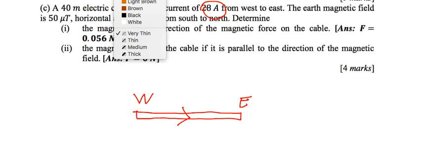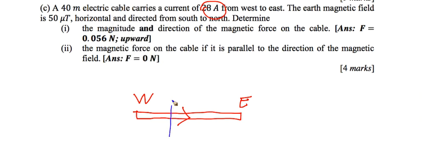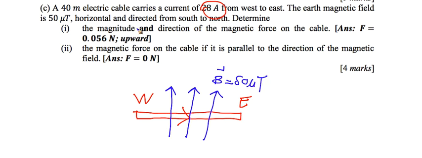Let's say this is the direction of B right here, and the magnitude of B is 50 micro Tesla. So the question is, what is the magnitude and direction of the magnetic force on the cable?